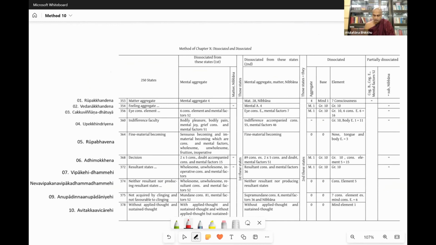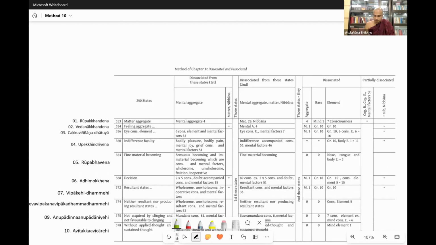So I will go through it. First, the first part is the disassociation. I'll mark it here. This is the first disassociation.